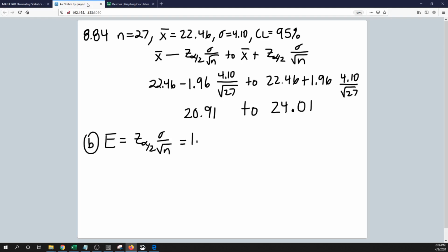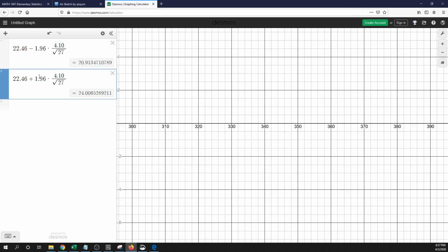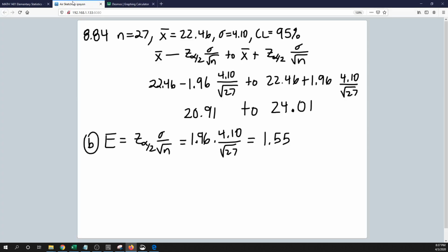So that's going to be 1.96 times 4.10 divided by square root 27, and that comes out to be 1.55. That is percent body fat.